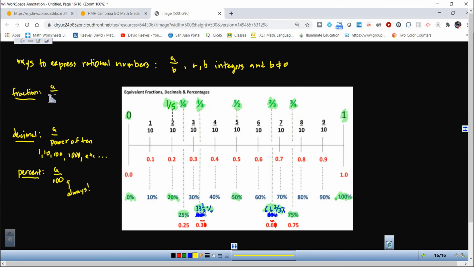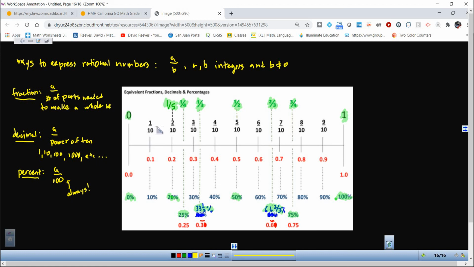And a fraction, that denominator, is the number of parts needed to make a whole number. Okay, the number of parts needed to make a whole number.